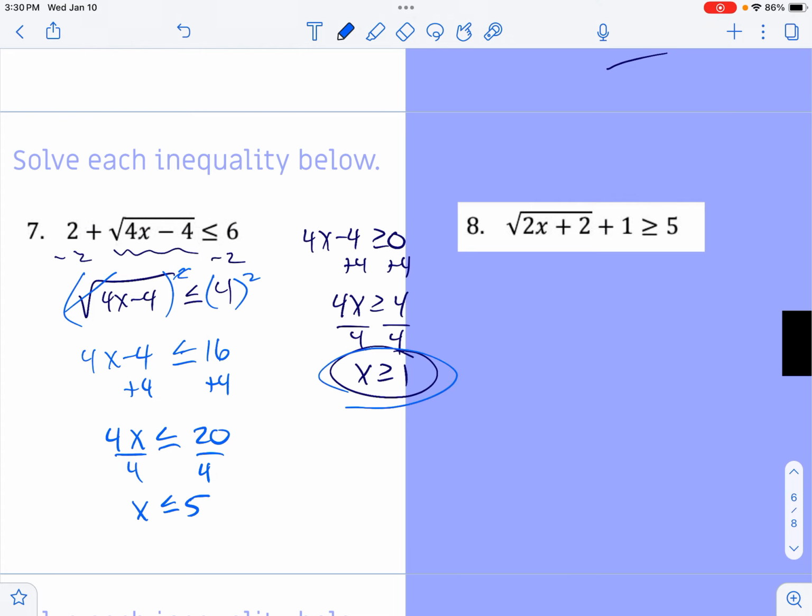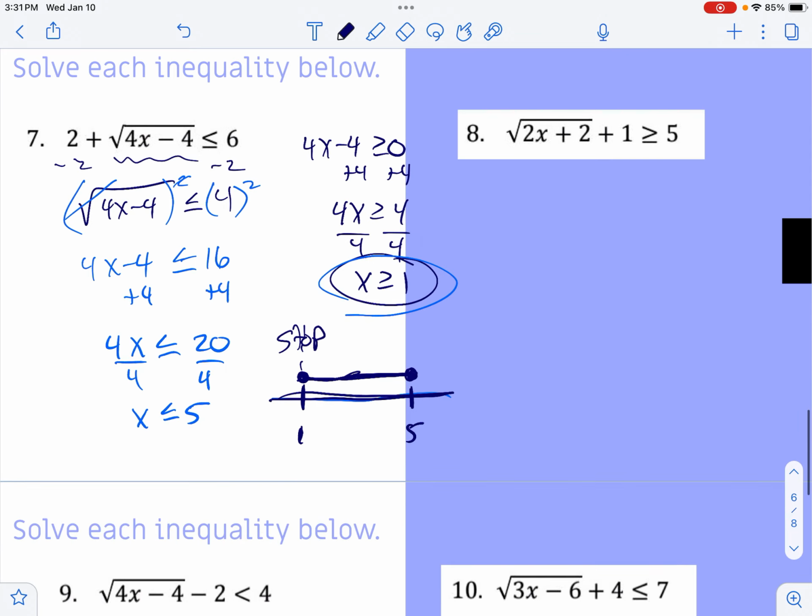Unless it bumps into this. Well, my answer, graphing on the number line, let's say 5's there and 1's here. It's less than or equal to 5. And that's fine until I get to 1. If I have an answer, it has to be greater than or equal to 1. So basically it stops right here.